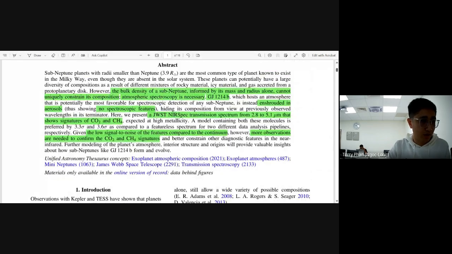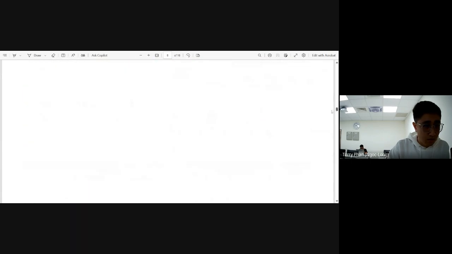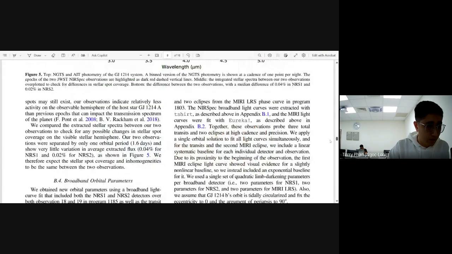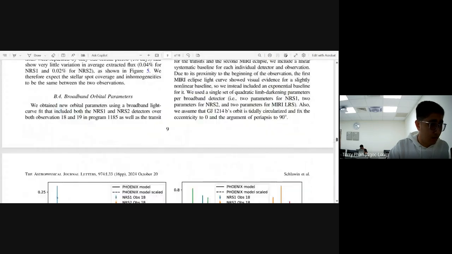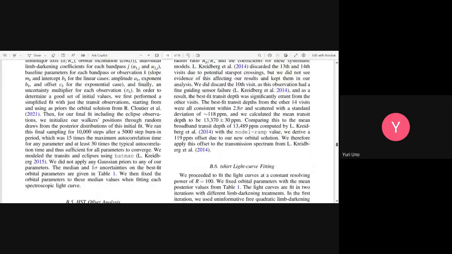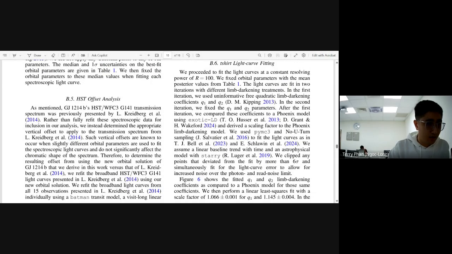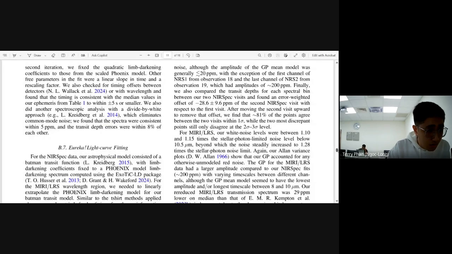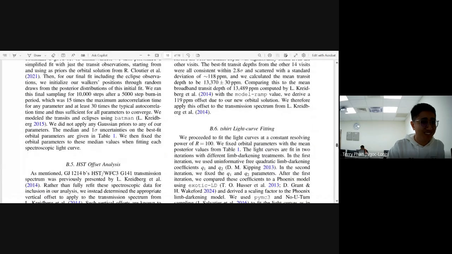I didn't check the previous study, but here they use the transmission spectrum with two different data pipelines. The details are written in the appendix, where they show the data reduction and how they fit the light curve. This is technical, and due to the time limit, I skipped this detail.